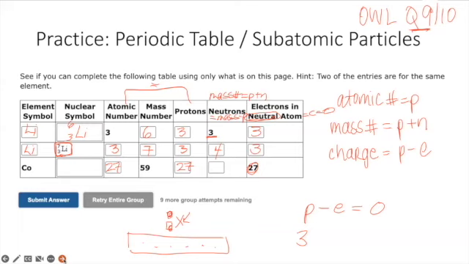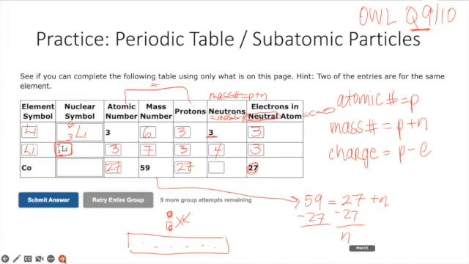Okay, so our mass number is 59 in this case. And it equals P plus N. Our P here is 27. So if I were to subtract, N would equal, and I don't know this math in my head, give me one sec. 32.